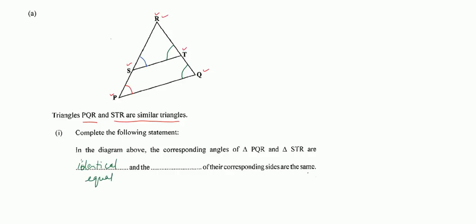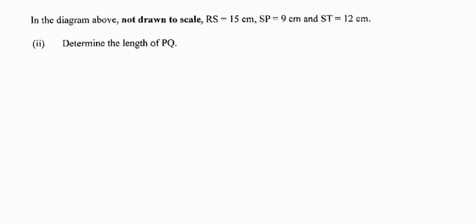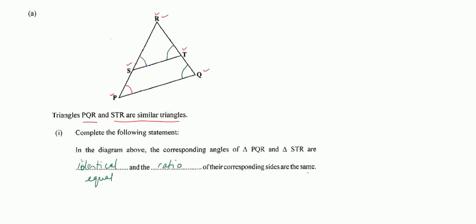And the something of their corresponding sides are the same, right? The thing about similar triangles is that the ratio of the sides are the same, so this should be ratio. Let me use the question to explain this. They said in the diagram RS is 15, so from here to here is 15.